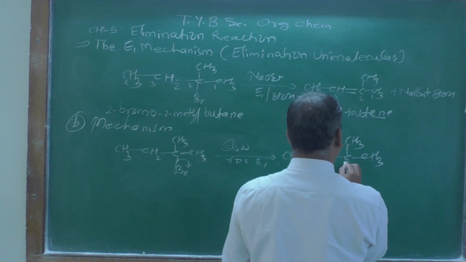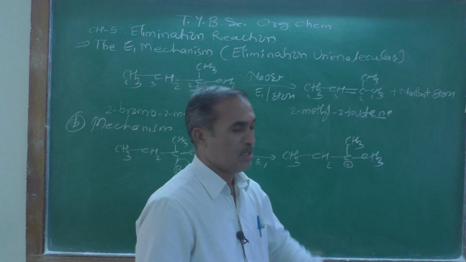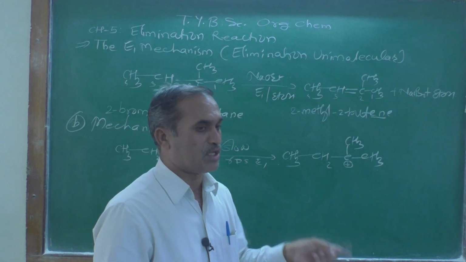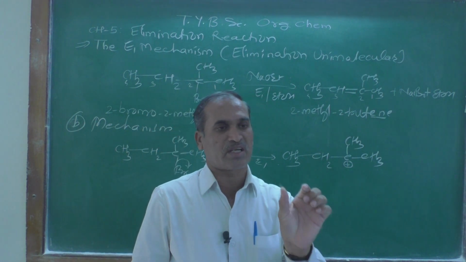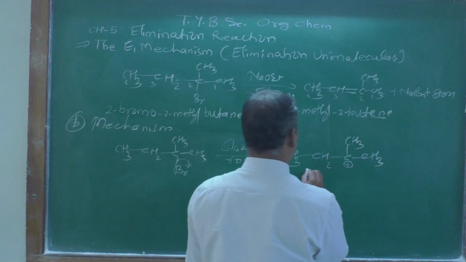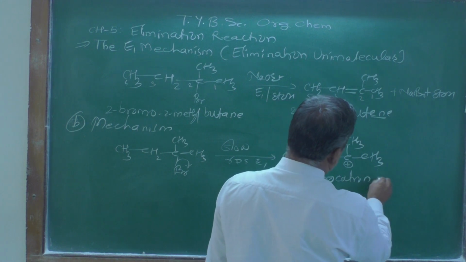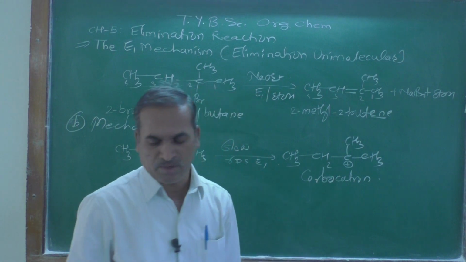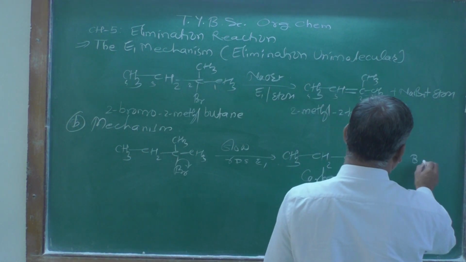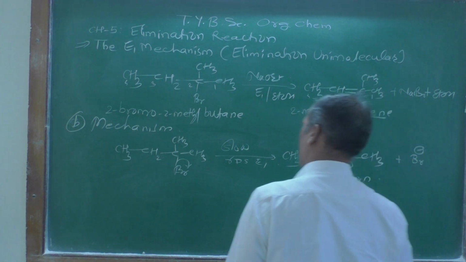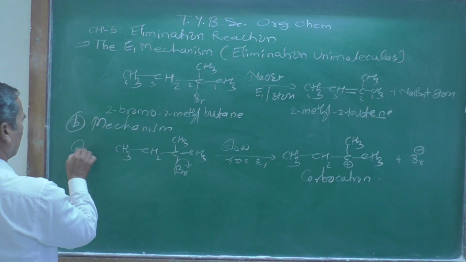This carbon atom is electron deficient in nature, meaning it has a positive charge, and that species with the positive charge on the carbon atom is called a carbocation, or we can call it a carbonium ion. So this is the first step taking place. Here Br minus is there.